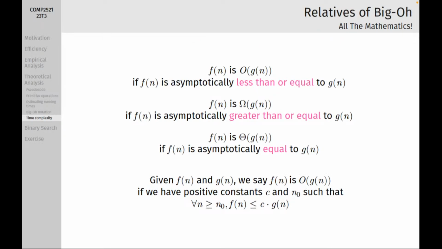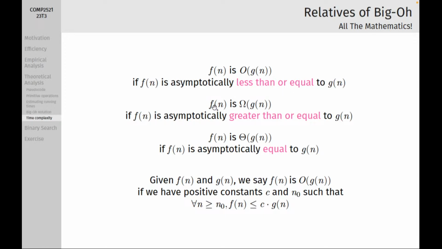Okay, so we went through big O, but this slide is just to let you know that there are other notations as well, which we won't really talk about in this course, but just to make you aware. So there's big omega. First of all, what was big O? Big O says f of n is less than or equal to g of n.